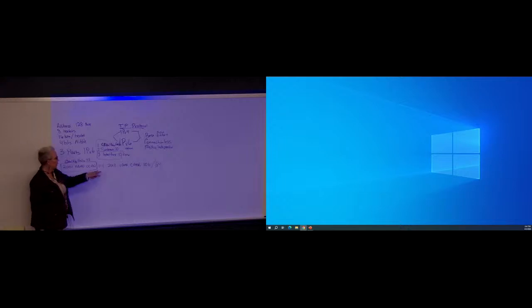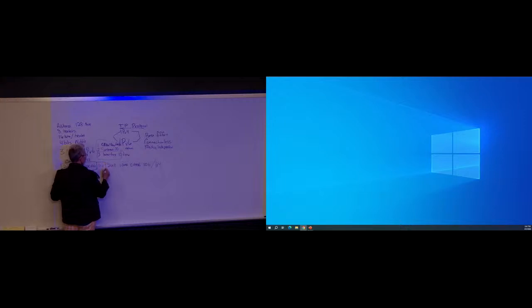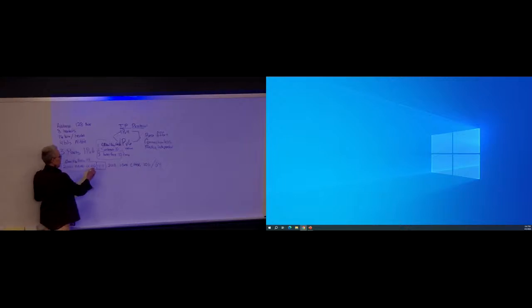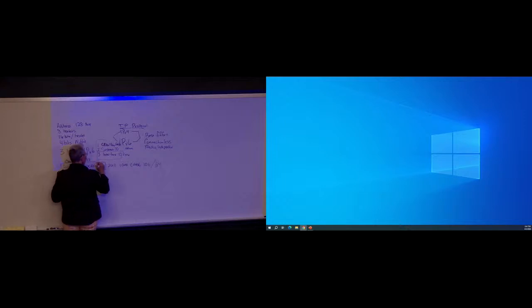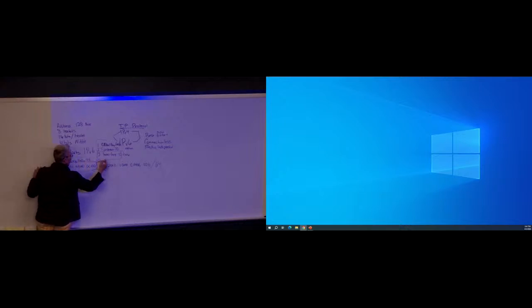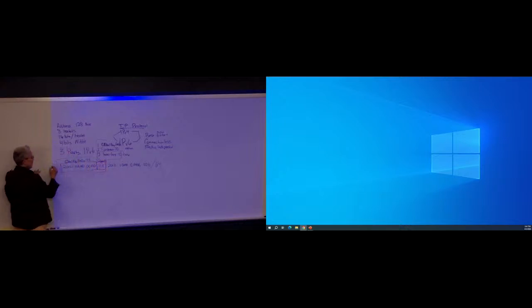Joey, how many bits are in the subnet ID? 16. So this is the subnet ID, and there's 16 bits there. Everybody, what did I say this part makes up? The network portion.